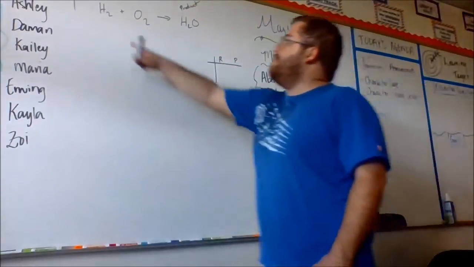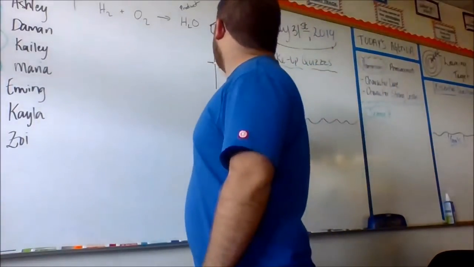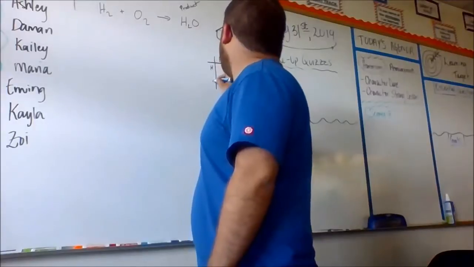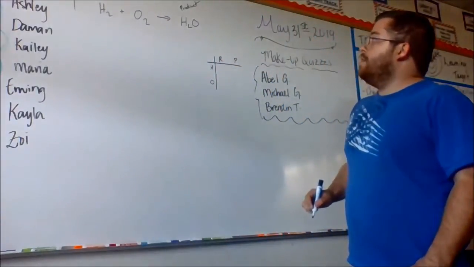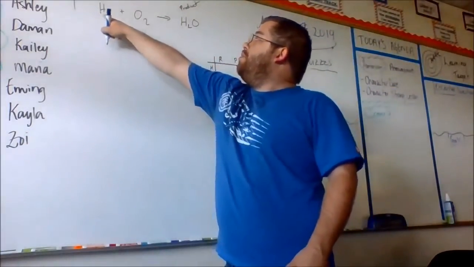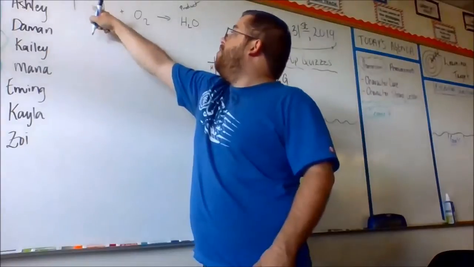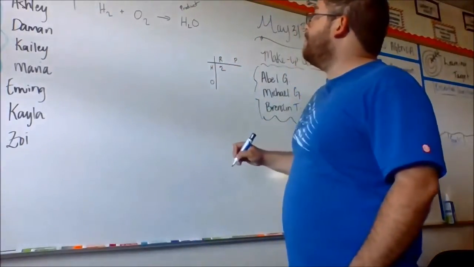Okay, and we're just going to list each atom that we have. Okay, so we have hydrogens and we have oxygens. Now on the reactant side, we have 2 hydrogens. There's currently a coefficient of 1, subscript is 2. There are 2 hydrogens.